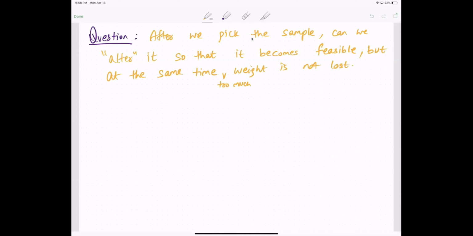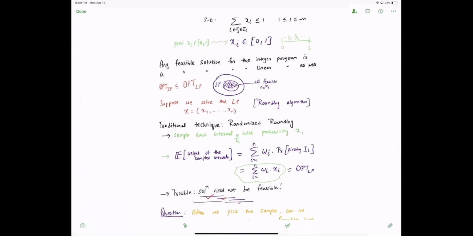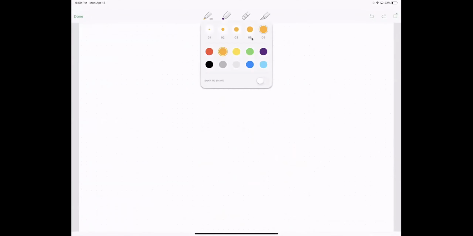Okay, good. So now I'm ready to explain this technique called rounding with alteration.